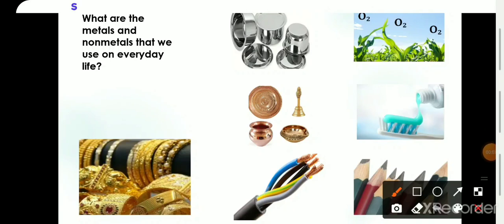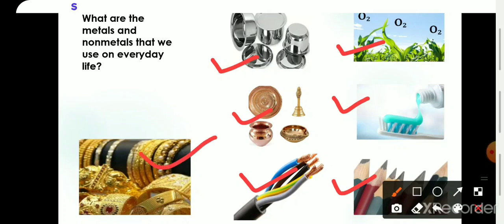Now, can you list me some of the things from your surrounding that we used to carry out our daily activities? Yes, vessels, oxygen gas that we use for respiration, copper vessels, toothbrush, toothpaste, wires, pencils, ornaments or jewelry we wear.